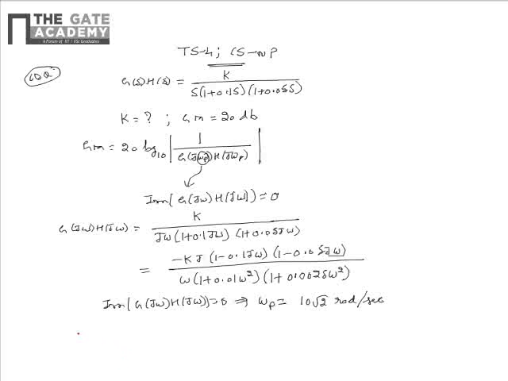And upon substituting the same for gain margin, we see that GM is equal to 20 log 10 of 1 by K divided by 10 root 2 multiplied by root 3 multiplied by root of 3 by 2. And this is equal to 20 dB as per the given data.